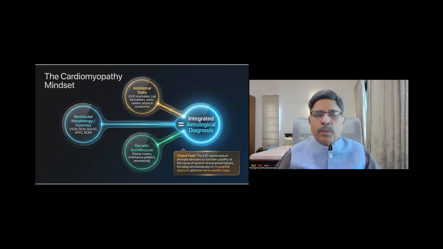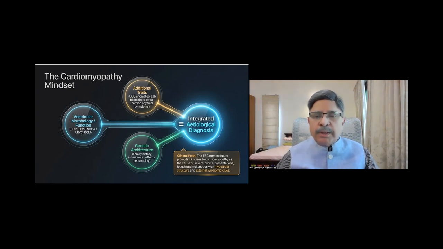Proband case means the index case; the case which has come for diagnosis is called the proband case. Additional tests: ECG anomalies, lab biomarkers, extracardiac physical symptoms. Always, in every patient of cardiomyopathy, you must look for extracardiac signs and symptoms. All these things integrated give the etiological diagnosis.